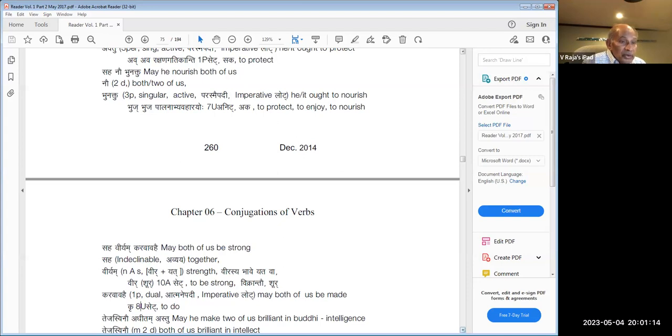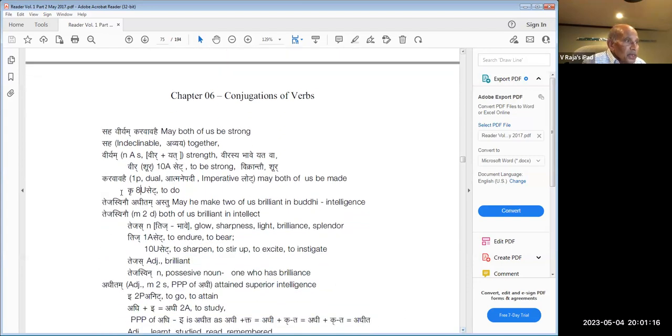And likewise, tejasvi nau adhitam astu. As is the second gana dhatu, and I explained to you, it has no gana vikarana; it's dropped. I told you there are two types of drops. One is the lopa: although it is dropped, its impact is still there if there is an it letter.